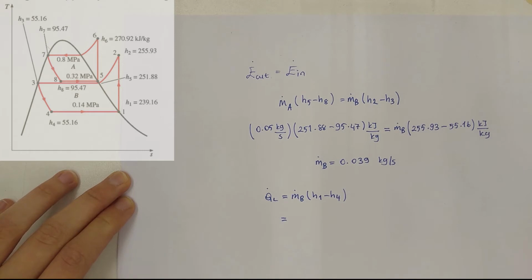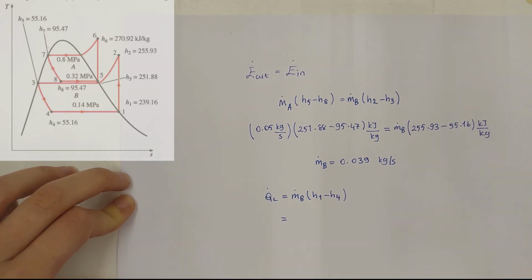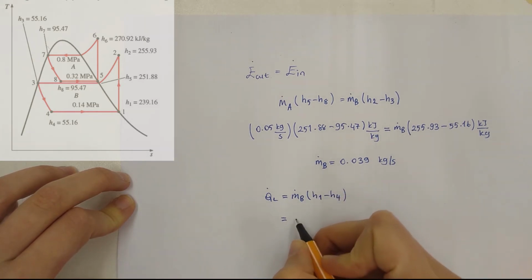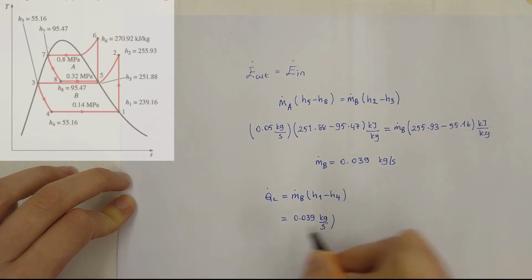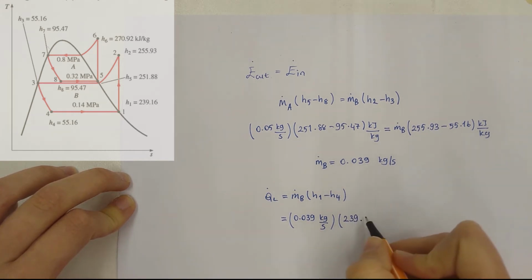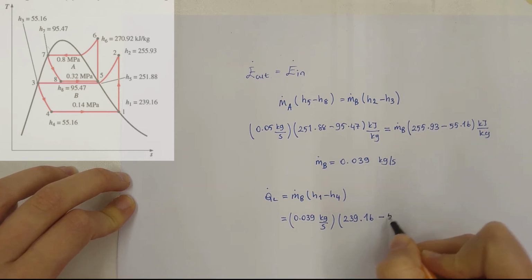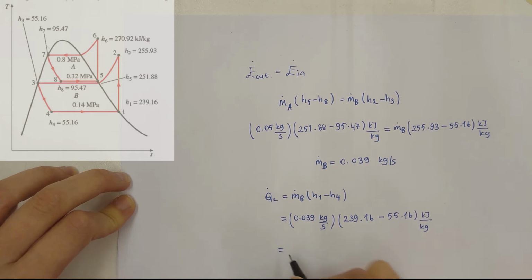Again, we use the same table to find H1, and H4 can be calculated from H3. And QL is equal to 7.18 kilowatts.